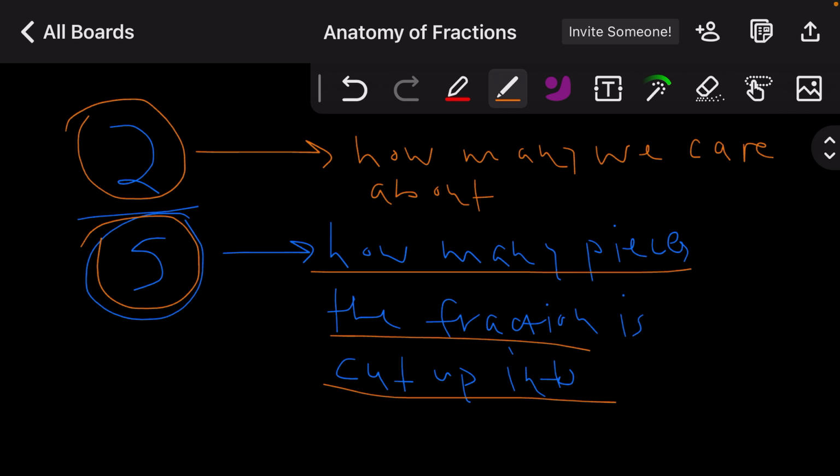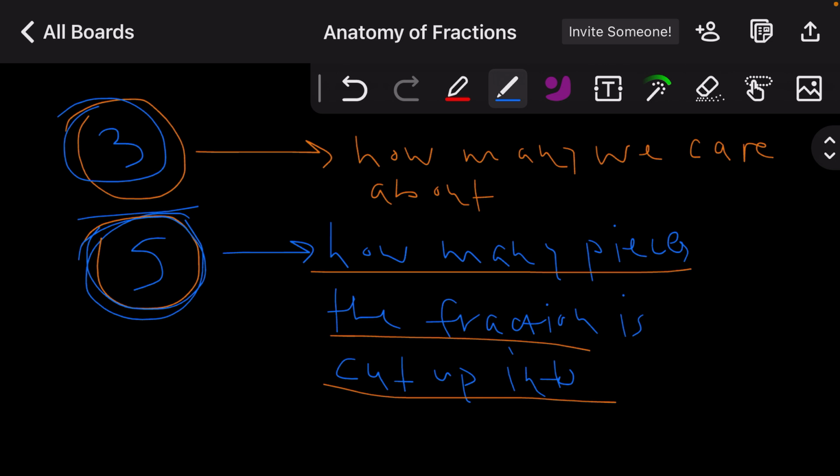But now let's say this was 3. Then we worry about 3 out of the 5. Let's say we cut an apple up into 5 pieces and we worry about 3 of the 5, measuring them or doing whatever with them. So that's what the number on top does.